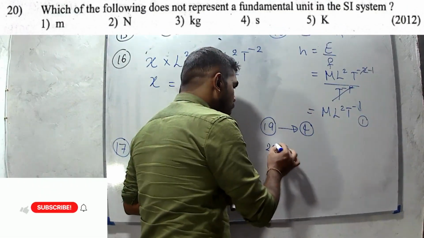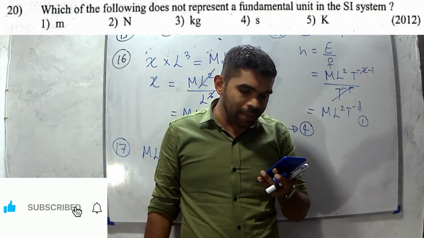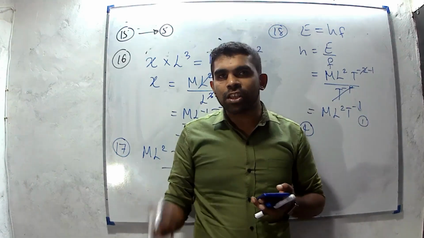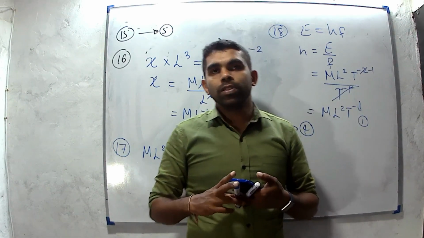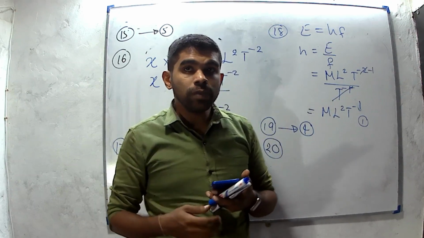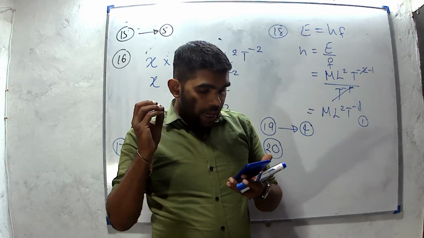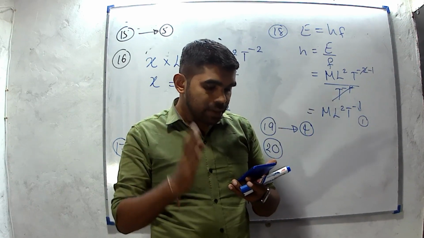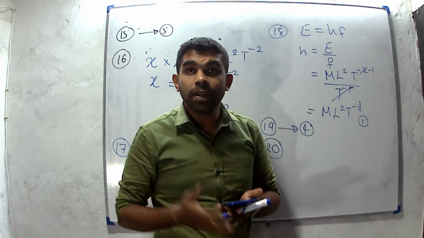Then question number 20. Which of the following does not represent a fundamental unit in the SI system? We know that there are 7 fundamental physical quantities in physics. We have discussed them in the first video. You can watch it and then we can get the answer. We know that m is meters, used to measure length.